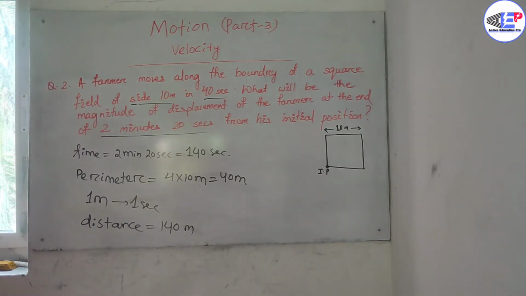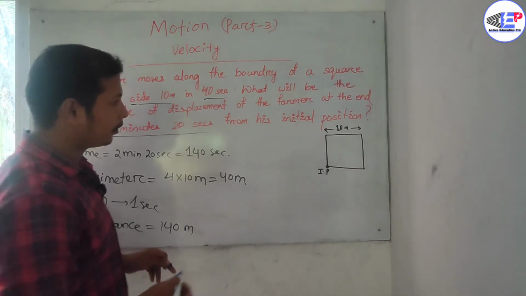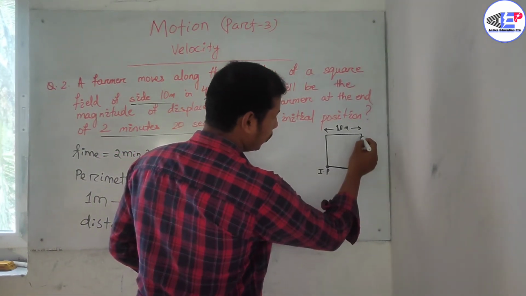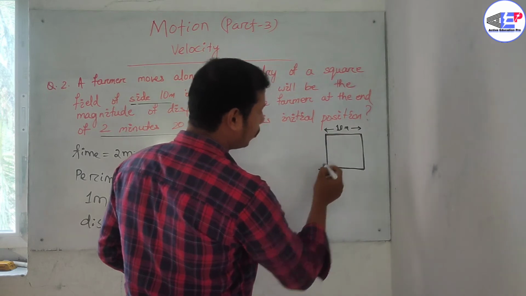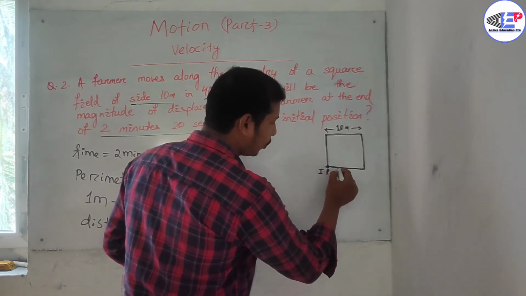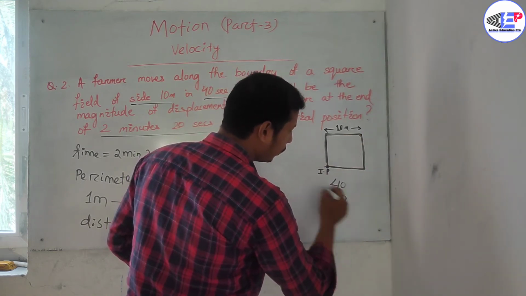So if the farmer starts moving from here, after completion of one round, it will travel 40 meter here. After completion of second round, it will complete 40.